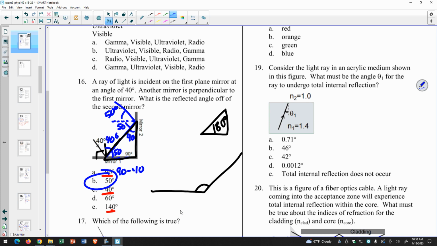So then I say 1.4 sine of theta 1 equals 1 sine of 90, and I solve that for theta 1. If you get an error, go back and make sure, am I moving from high to low? If you get an error in your calculator, either you put it in wrong, or maybe you are actually moving from low to high index, in which case your calculator's right. You can't have total internal reflection.